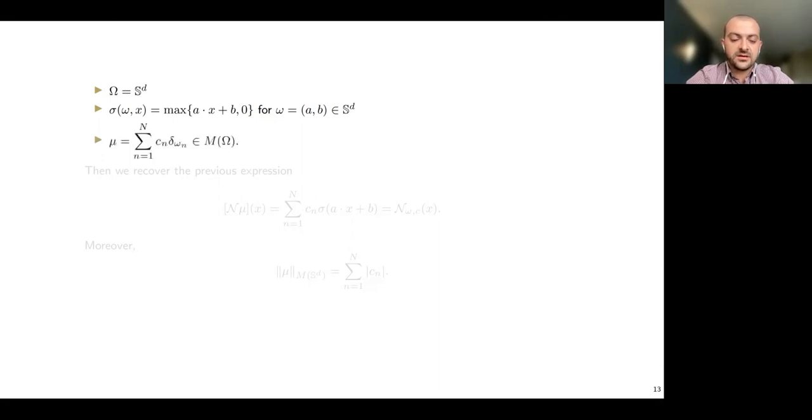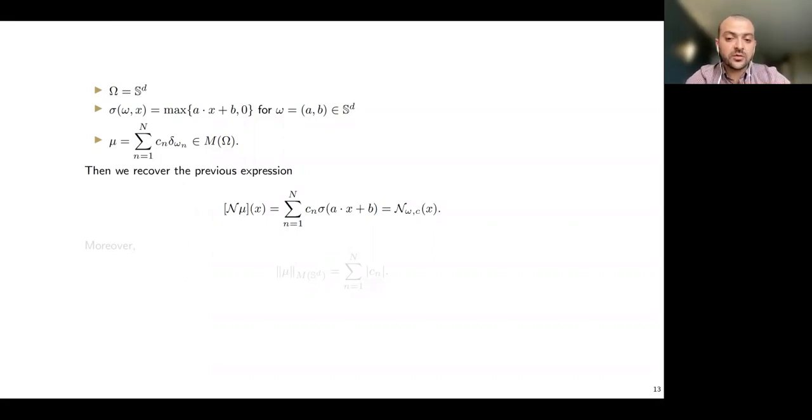And then if we took the Dirac measures, the finitely supported measure, the sum over n of c_n delta_{omega_n}, then it will be a bounded total variation measure. And on top of that, when we compute this integral network with this measure, it ends up really being the standard network that we discussed before.